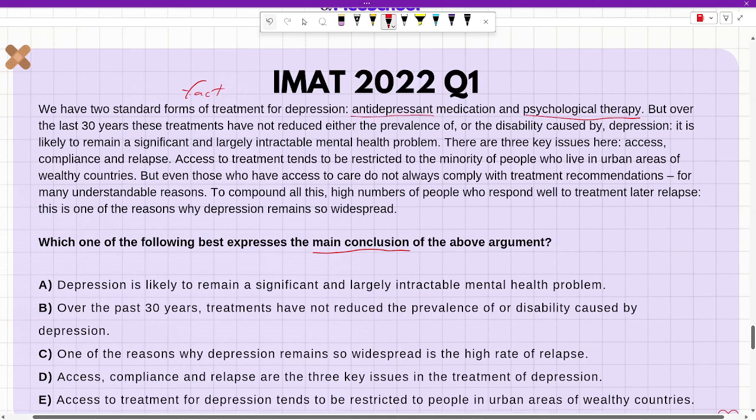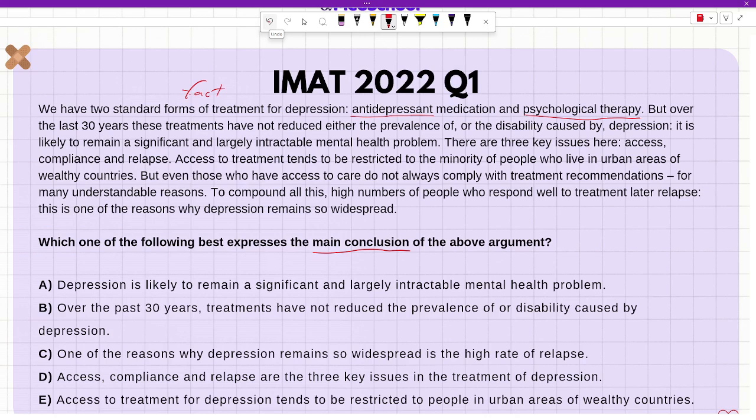But over the last 30 years, these treatments have not reduced either the prevalence of or the disability caused by depression. It is likely to remain a significant and largely intractable mental health problem. There are 3 key issues here.